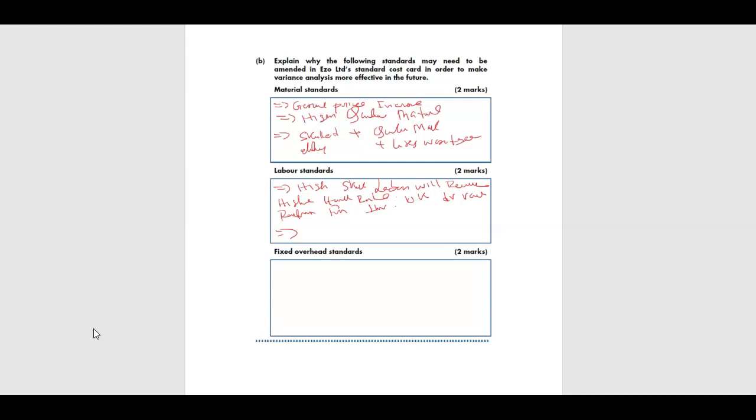So we can say the skilled labor works more efficiently, and that will bring 10,000 favorable variance.